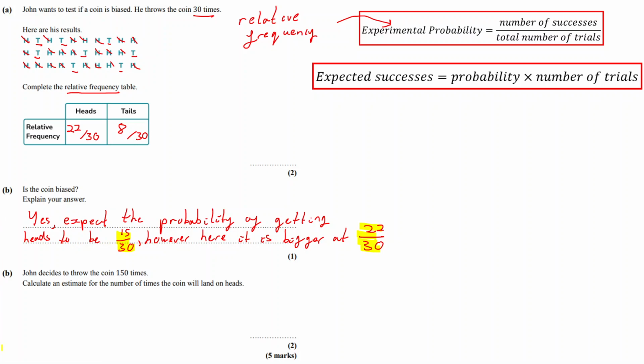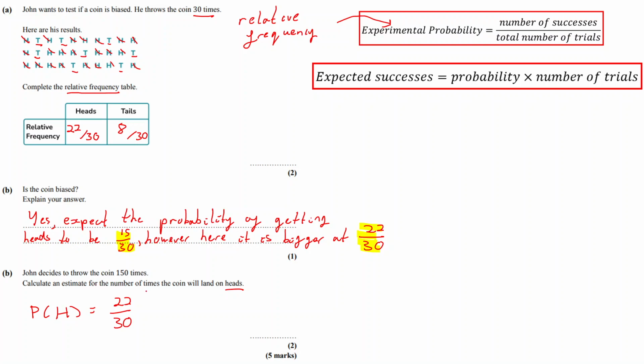John decides to throw the coin 150 times, calculate an estimate for the number of times it will land on heads. So it wants us to use the probability from the table here. Using the probability from the experiment, the experimental probability of getting a heads was equal to 22 out of 30.